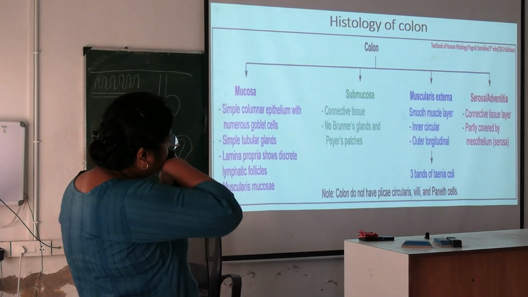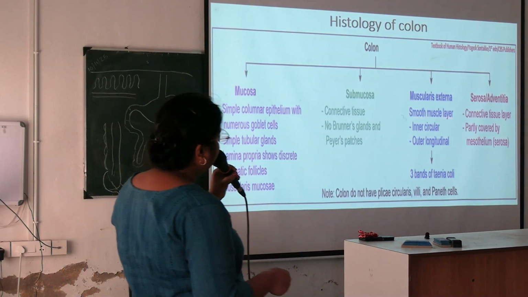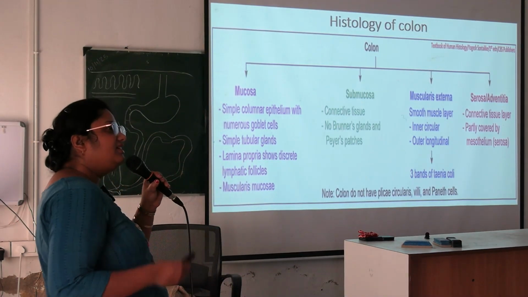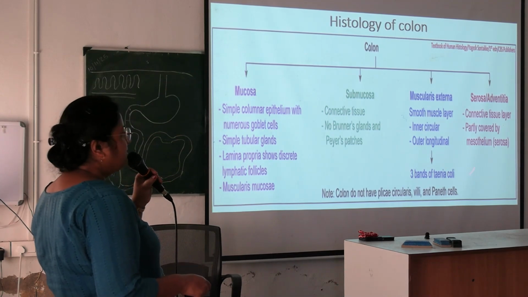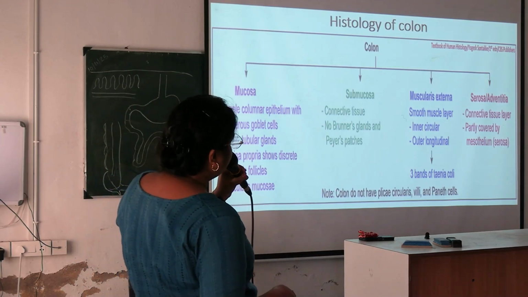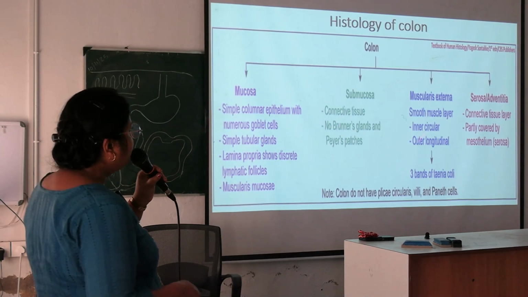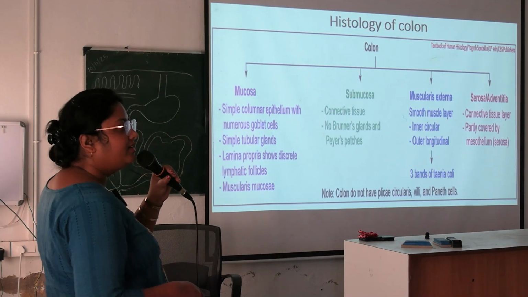It is formed of smooth muscle layer, inner circular layer and outer longitudinal layer, and this outer longitudinal layer is thickened at 3 places to form 3 bands of Tenia Coli. Okay, understood? Next is the serosa or adventitia. It is formed by a connective tissue layer and it is partly covered by mesothelium or serosa.